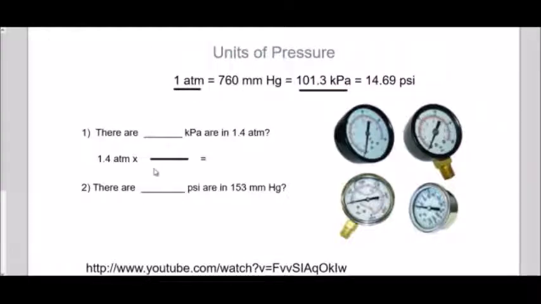On the bottom of that fraction would go 1 atmosphere, and on the top of that fraction, we'd put 101.3 kilopascals. In doing the math, I found about 142 kPa for our answer. You should be able to do any conversions using these equivalencies on top, and they're very easy using conversion factors.